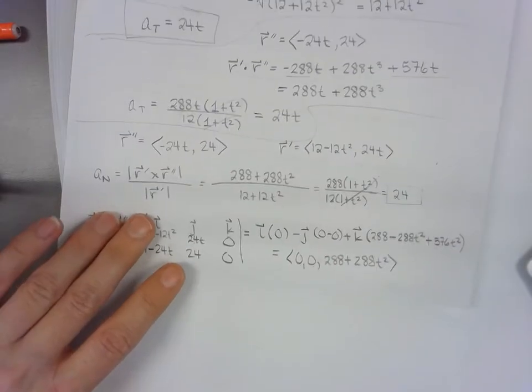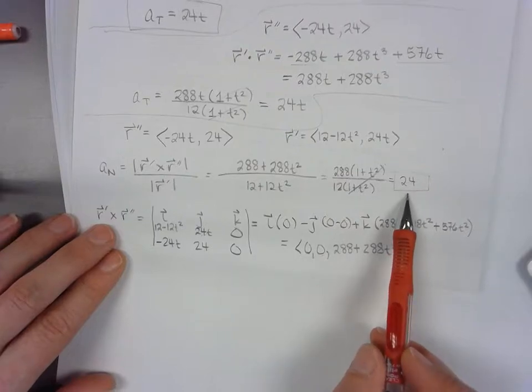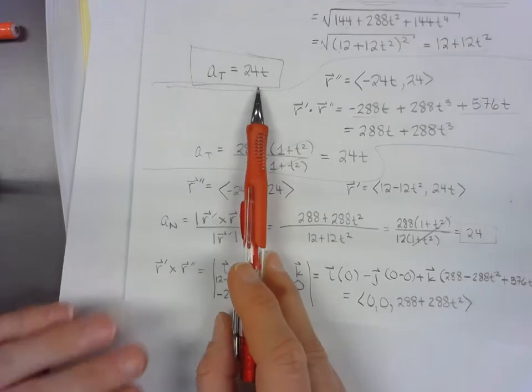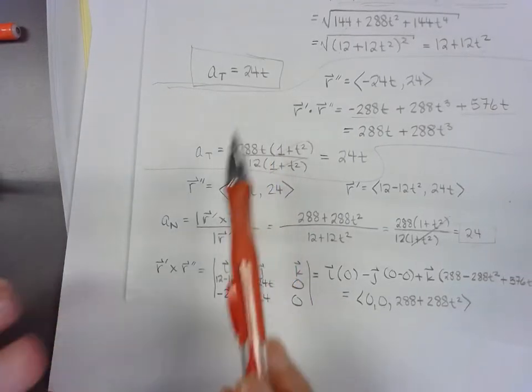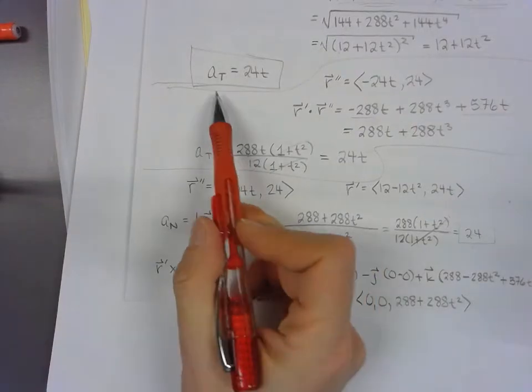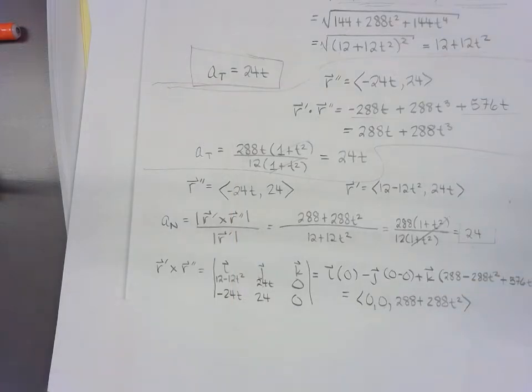So your normal component of acceleration is always the same. The tangential component wasn't. It was changing. It depends on time. So at the beginning, if t is close to 0, a sub t is really small. So you're hardly changing your speed. So you have almost a constant speed at the beginning.